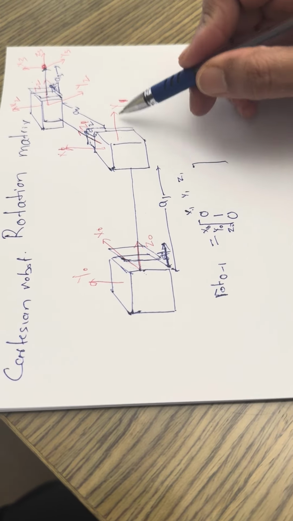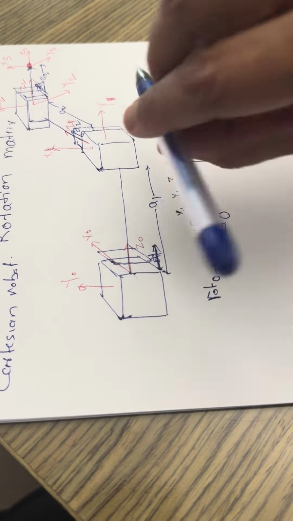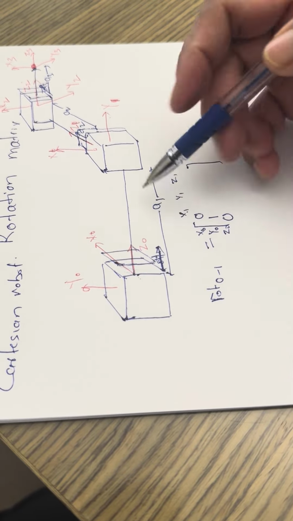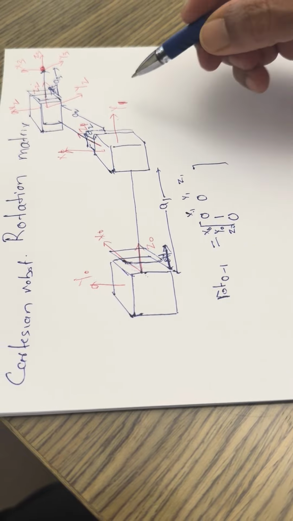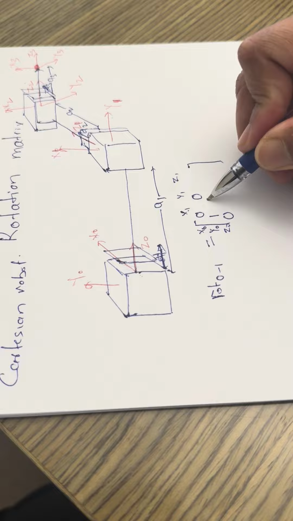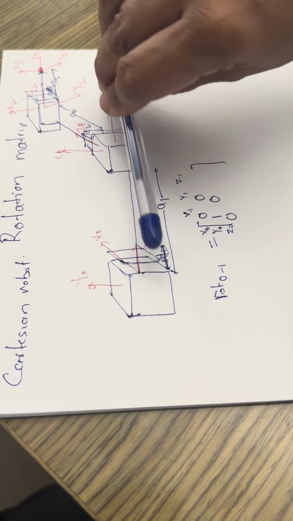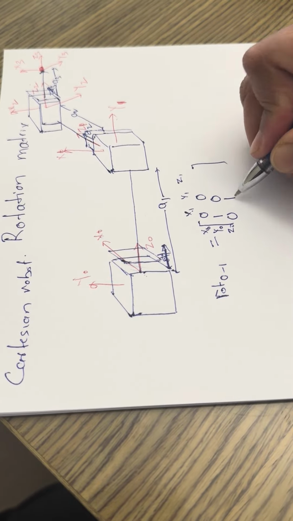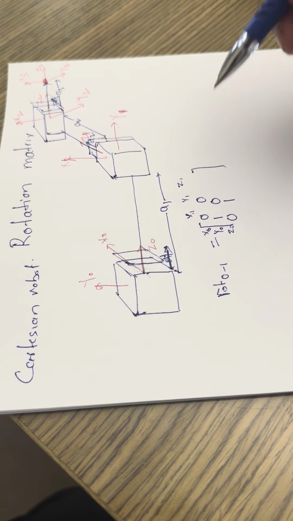Now Y1 is in this direction. So Y1 with X0, again perpendicular, 0. Y1 with Y0, perpendicular, that is 0. Y1 with Z0, that is 1 because they are in the same direction.